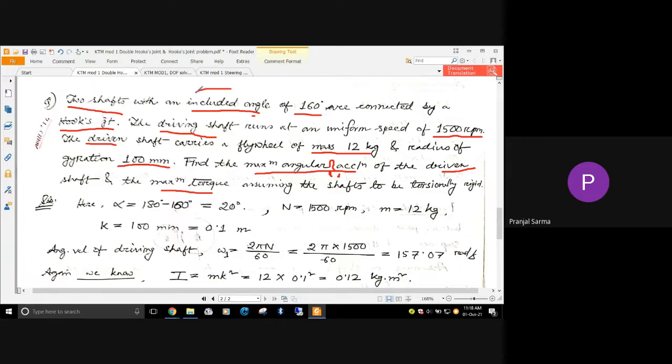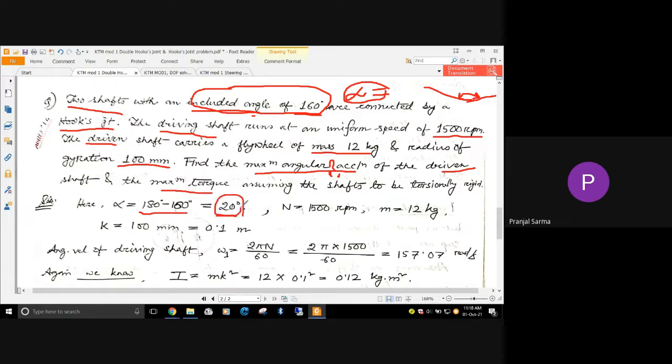Now, what is being given? The two shafts' included angle is 160 degrees. So we can find out alpha from here. The two shafts look something like this, and 160 degrees is the included angle. The alpha angle, the small intersecting angle that we are interested in, will be 180 minus 160, so alpha equals 20 degrees.